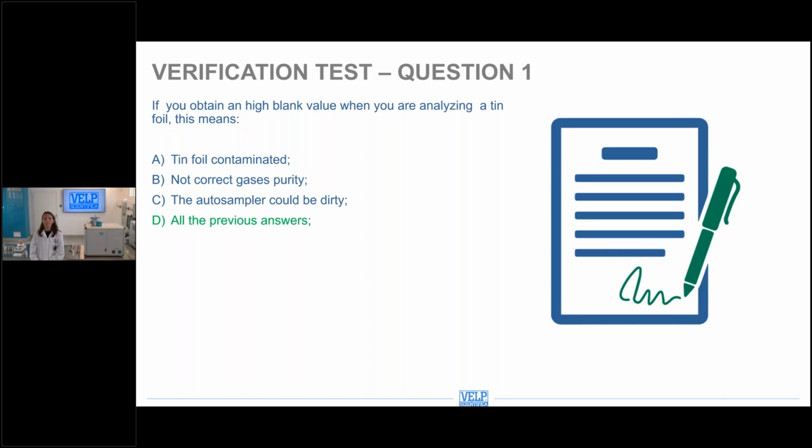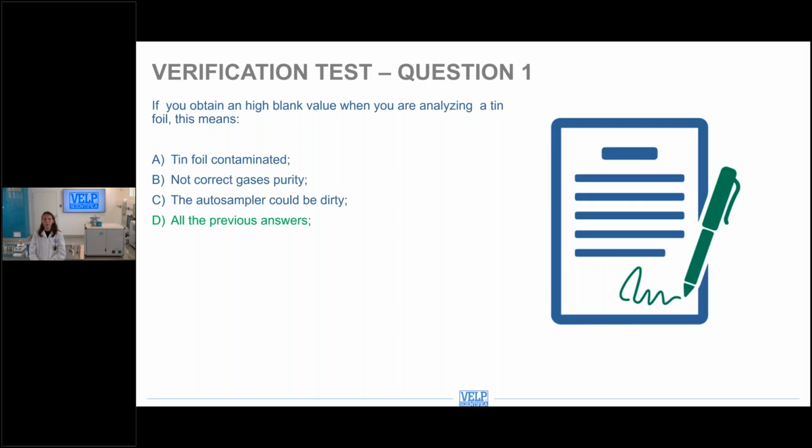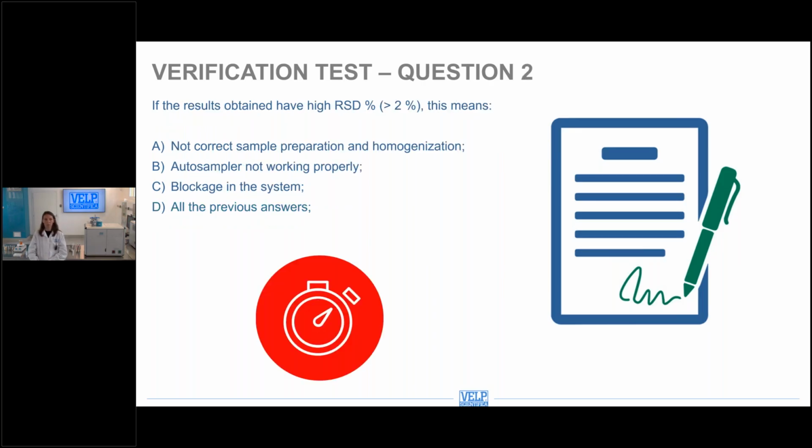You have to check the gaseous purity, because in the installation requirements it's written which will be the purity of the gases, both for the carriers and oxygen. And also the autosampler could be dirty. You can have a sample that did not fall down during the previous analysis. So it's important to check all these steps in order to obtain a flat line when you analyze a tin foil. So let's go to the question number 2.